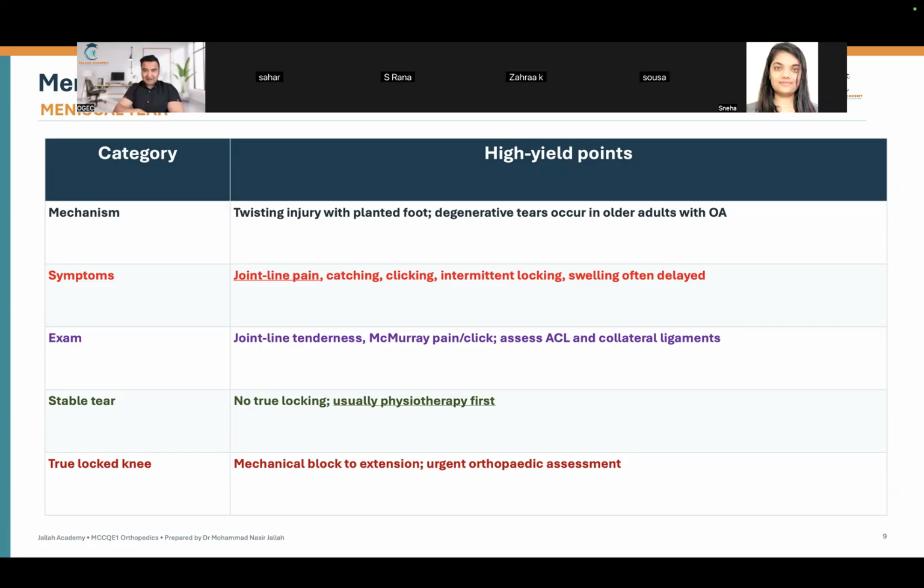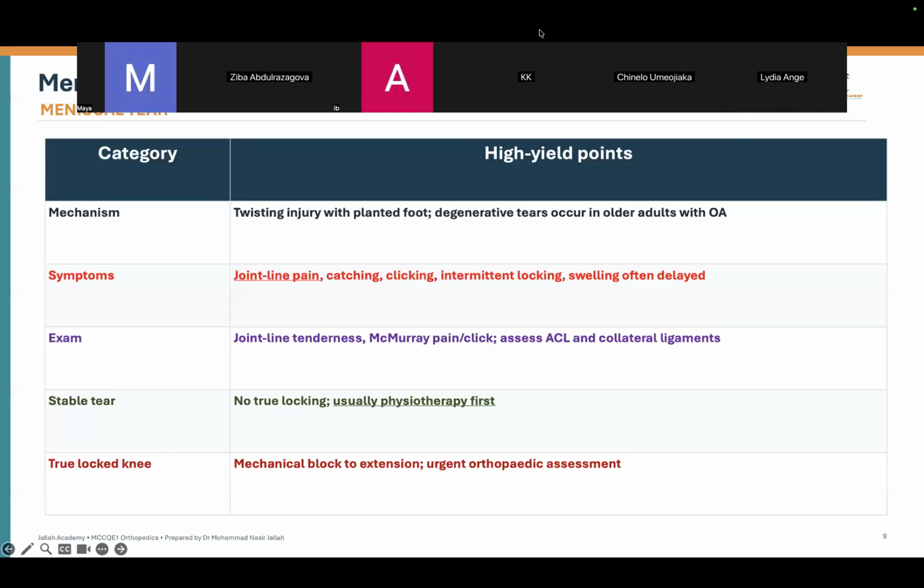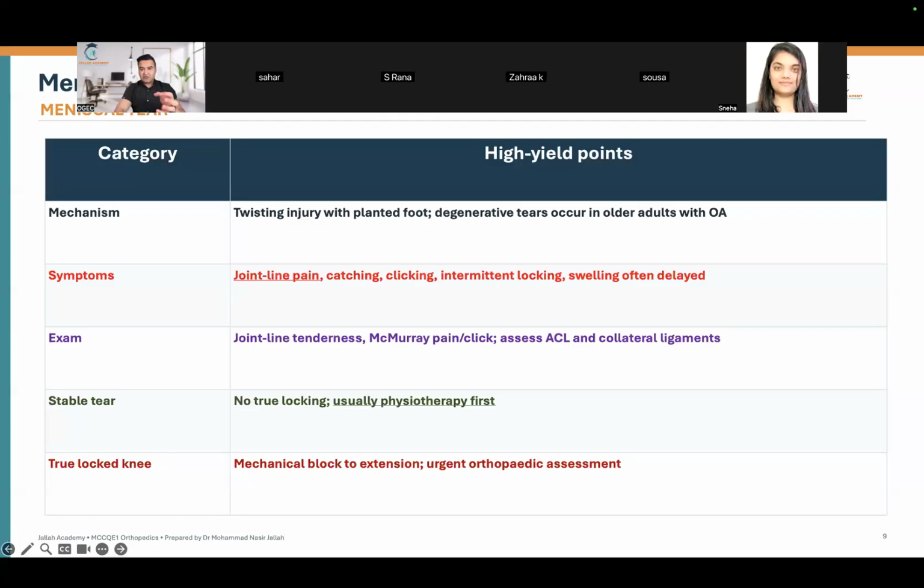If an accident happens and you have effusion and swelling right away, within 1 to 2 hours, it is usually the anterior cruciate ligament. Okay? Usually. Again, this is how you differentiate. Swelling is often delayed. If it happens abruptly or rapidly within 1 to 2 hours of the injury, it is the anterior cruciate ligament.